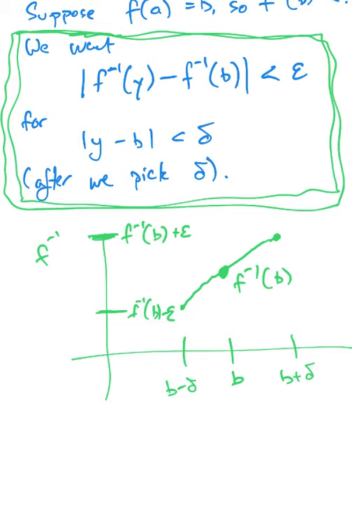But here's the point of strictly increasing. When we look at this function f inverse from B minus delta to B plus delta, we know that all the function values are between whatever it is at B minus delta and whatever it is at B plus delta. Because it's strictly increasing, it's not going up and then down, or down and then up.